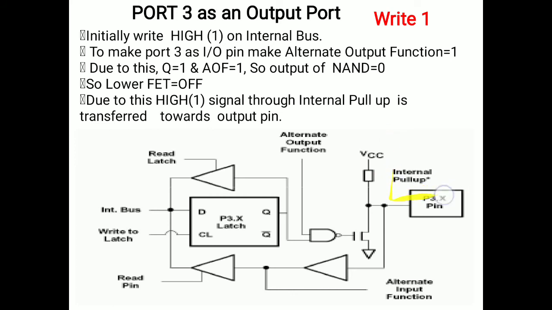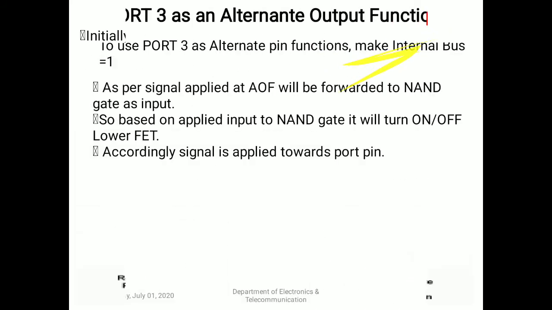After some VCC signal degradation, it is brought back within the limit, that is 3 to 5 volt, and this is applied as a logic 1 to the port. So the writing 1 condition happens.